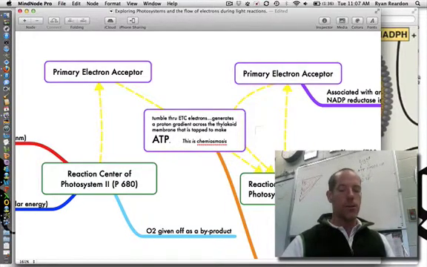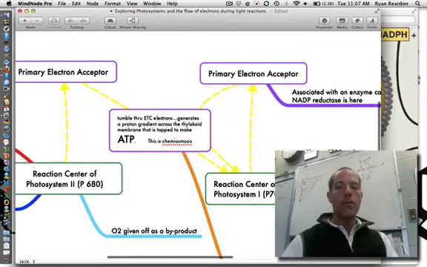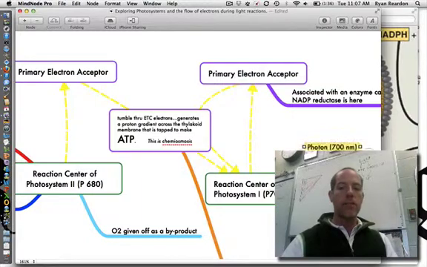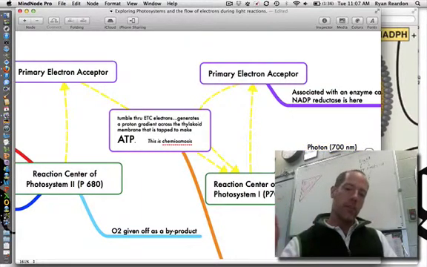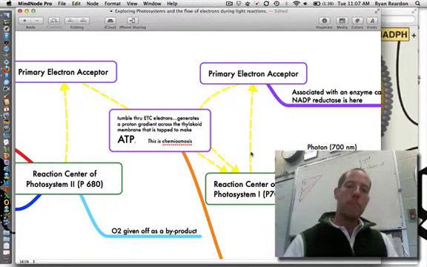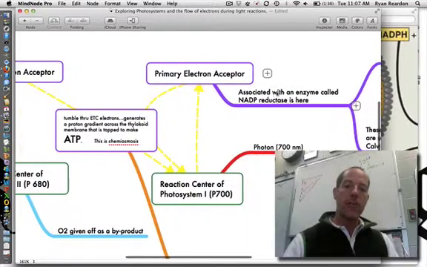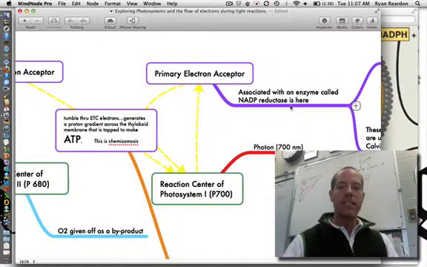But wait, there's more. When those electrons rest at photosystem 1, another photon of red light, here at wavelength 700, so a little bit longer wavelength, a little bit lower energy, is going to boost that electron. Some electrons will tumble back through these electron transport chains, generating a little more ATP, while others are associated with yet another electron transport chain and an enzyme called NADP reductase.